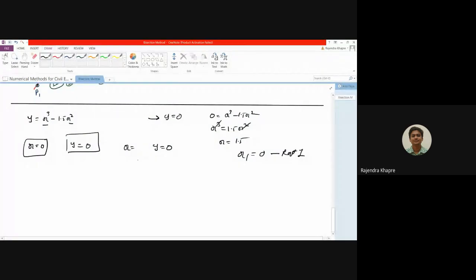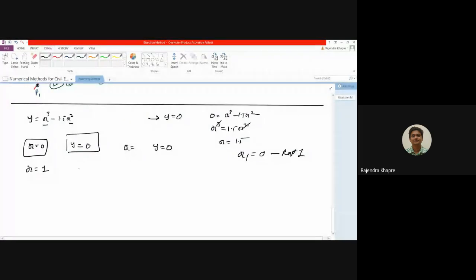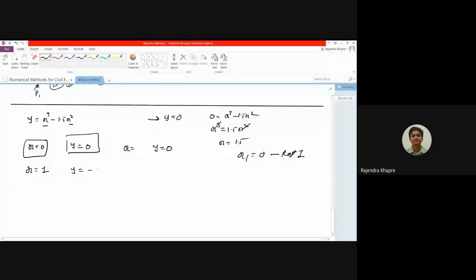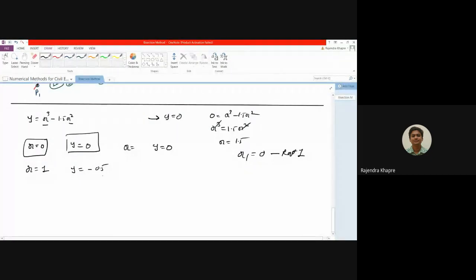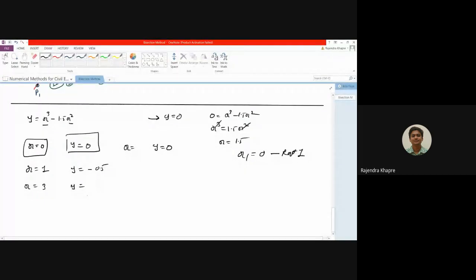Now let us go for another root. Let us say the value of x equals 1. What will be the value of y? Minus 0.5, yes. So this is negative. And in case you choose the x value as 3, intentionally I am choosing this as 3, what will be the value of y?